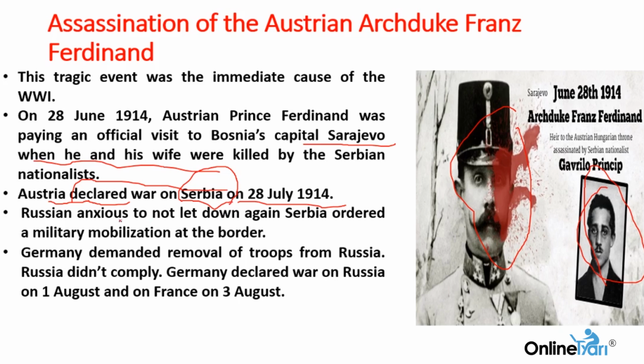Finally, Germany entered Belgium, and Belgium was a neutral country on the promise of Britain that whenever someone attacks your country, Britain will come to your rescue.